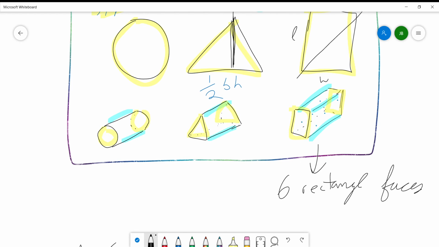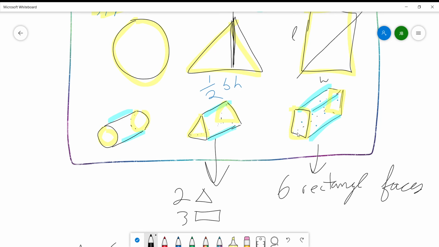Cursive is just easier with a touch screen. Over here, we have 2 triangles, and we have 3 rectangles. We have to calculate those. Also, one caveat, these rectangles, there can be 3 different shapes of rectangles over here.